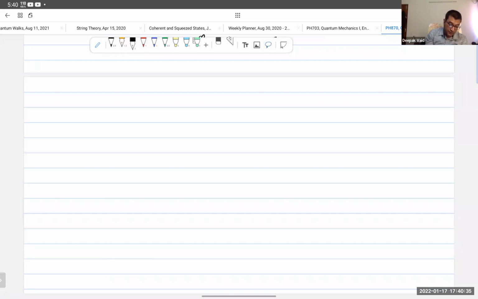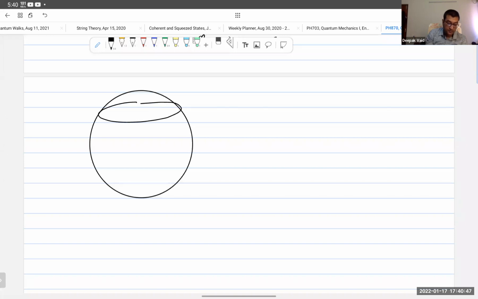So in terms of the Bloch sphere picture, what does this gate do? You have a state.